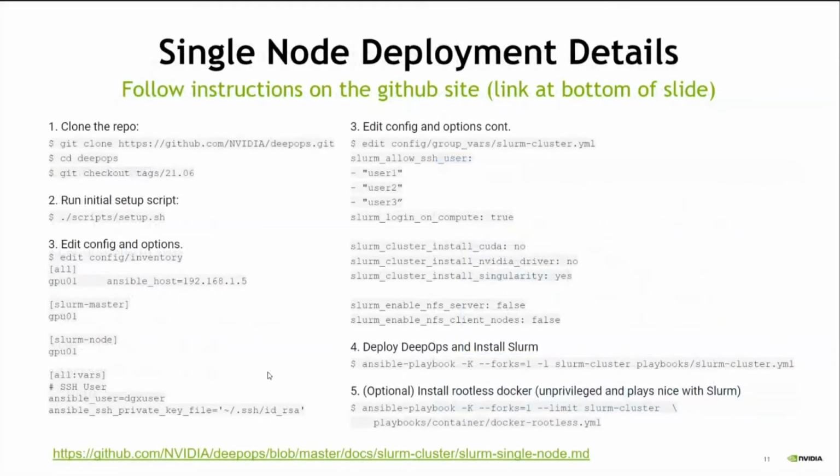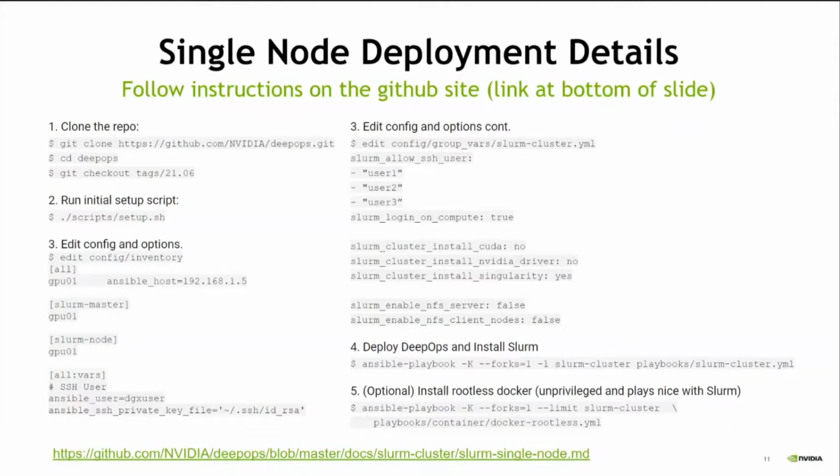All right. So the setup is relatively straightforward. It's broken down here into 5 steps. You clone the repo, you run a few scripts. One additional optional step here is installing rootless Docker, which we will talk about.